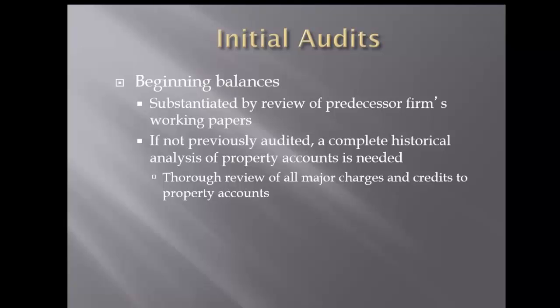Well, we're assuming this is the accumulated depreciation, but unless we understand the mechanisms of this depreciation, which will be a part of the permanent files, we don't really have a good understanding of this beginning balance. So anytime there is a change in auditor, this kind of information becomes very important.